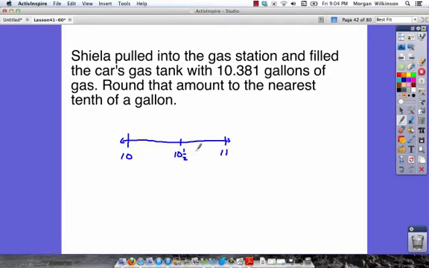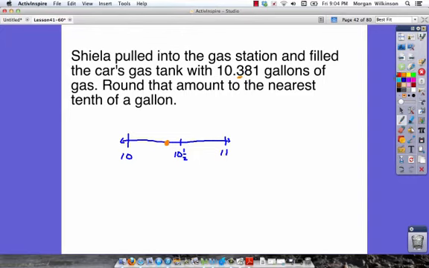Now 10.381 gallons of gas, 10.381. That must fall right over here. Okay, 10.381. We can see that's closer to 10 than it is to 11 on our number line. But in this problem, it asks us to round to the nearest tenth of a gallon. So, is this going to be closer to 10.3 or 10.4?